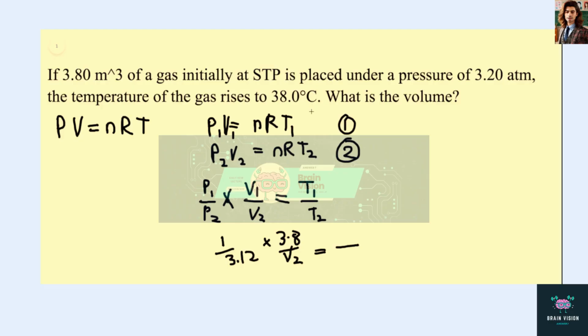T1 is equal to 273.15, which is absolute zero offset, and then T2 is simply 273.15 add on 38, which gives us 311.15.